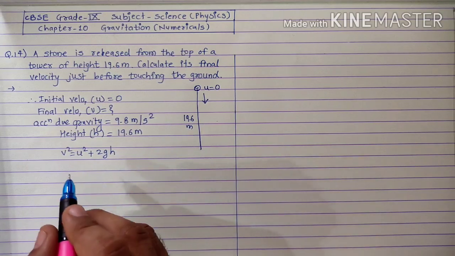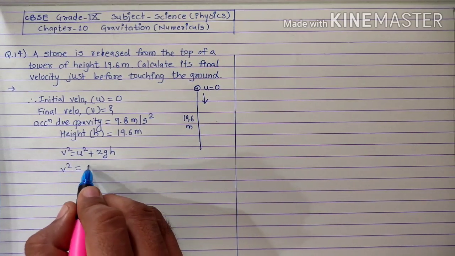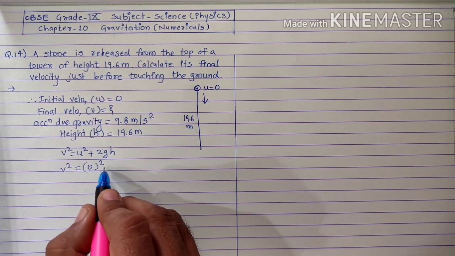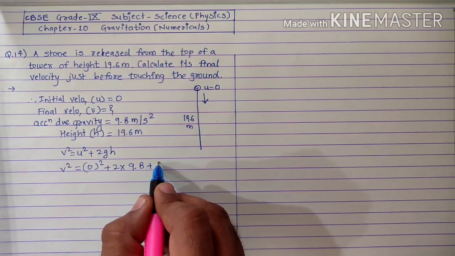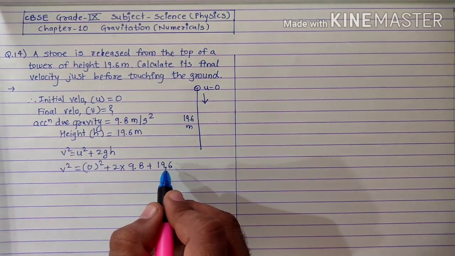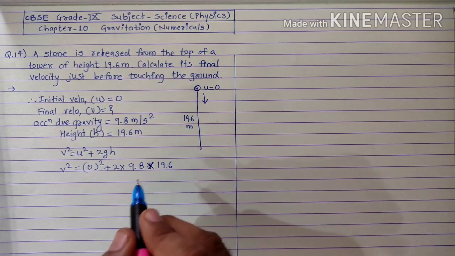Okay, so let's substitute the values here. So v square is equal to u square, which is 0, plus 2 multiplied by 9.8, multiplied by 19.6, right?